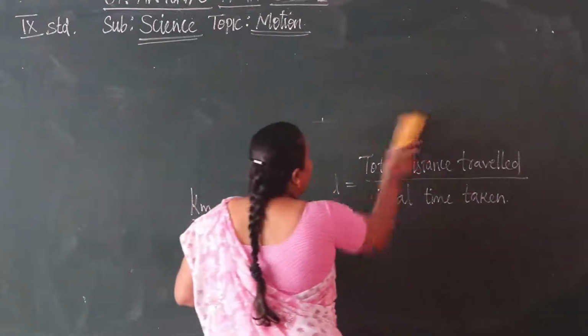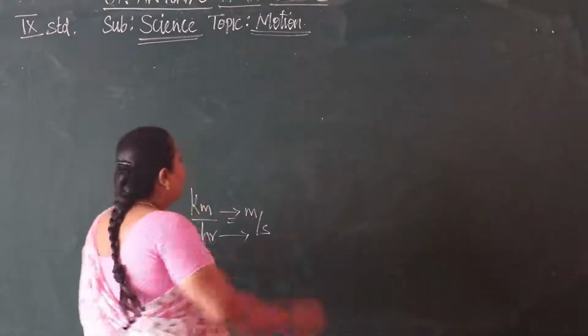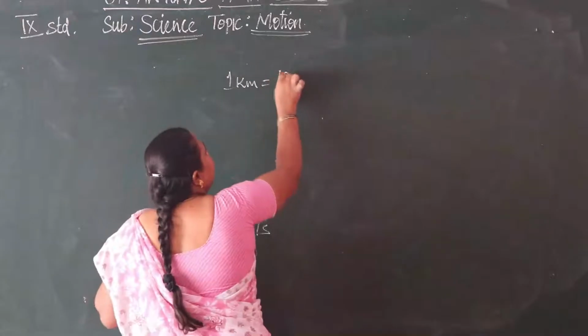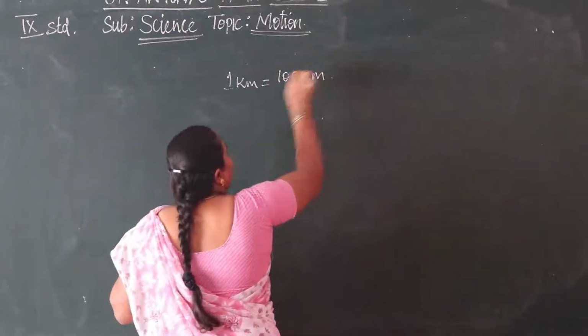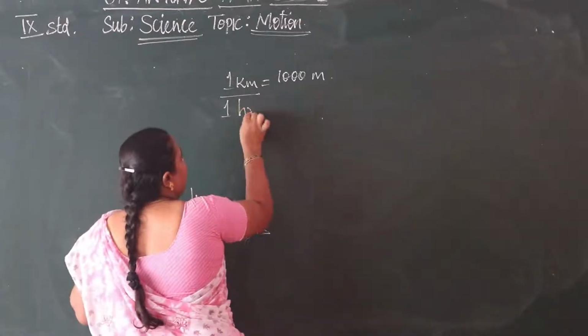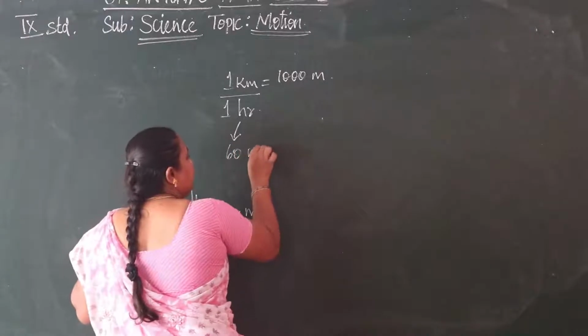Let us see now how to convert. See, 1 kilometer equals 1000 meters. And 1 hour is converted into 60 minutes.